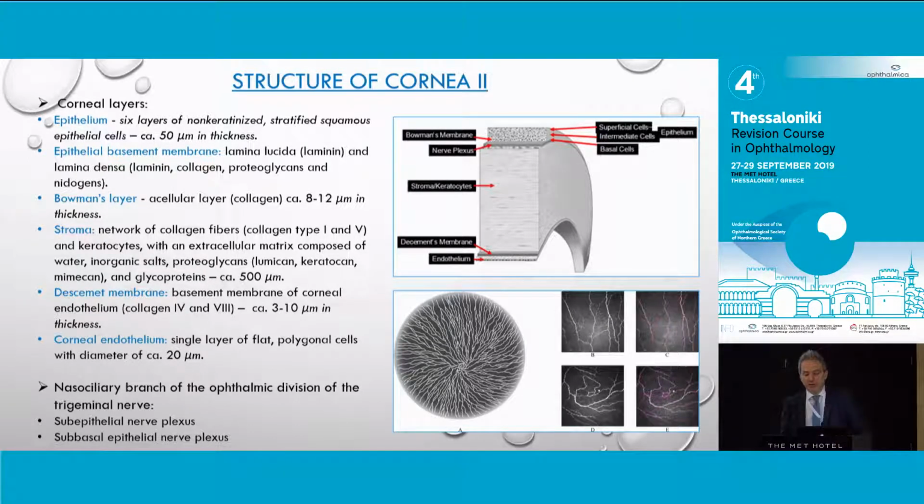Now, the corneal innervation is supplied by the nasociliary branch of the ophthalmic division of the trigeminal nerve and provided by thousands of branches of the subepithelial nerve plexus and the subbasal nerve plexus, which is depicted in this picture and is very relevant clinically for refractive surgery, as I will point out later.